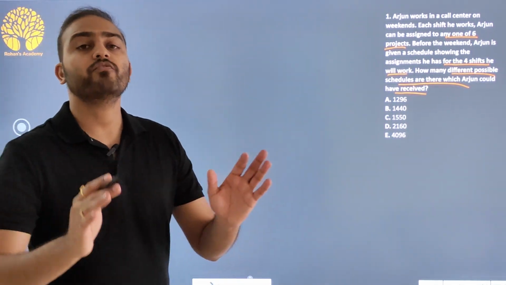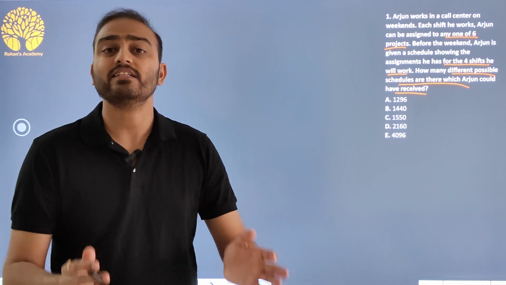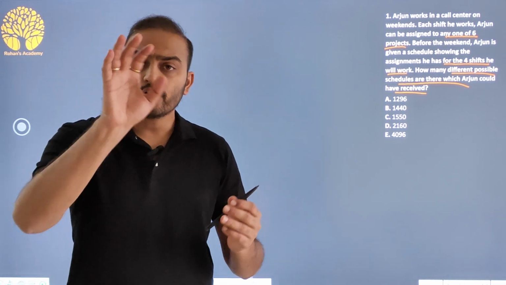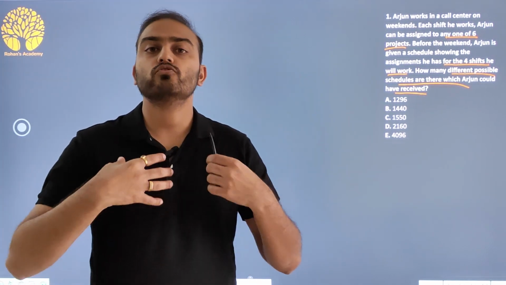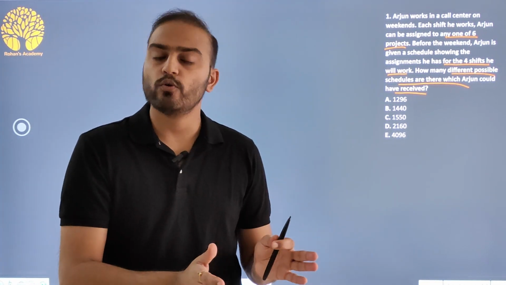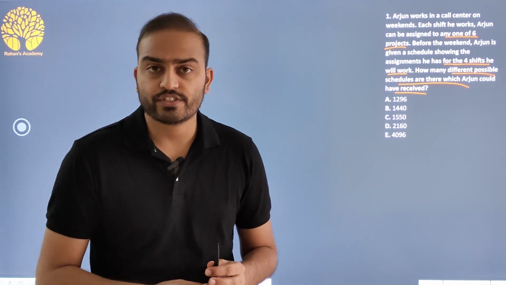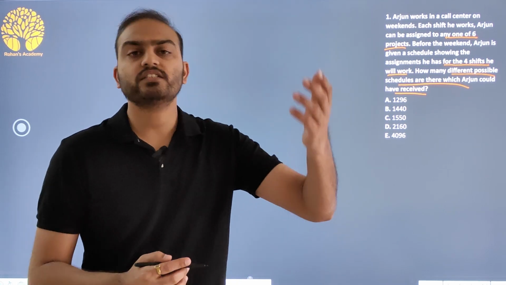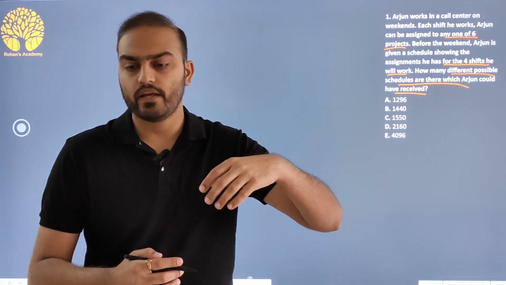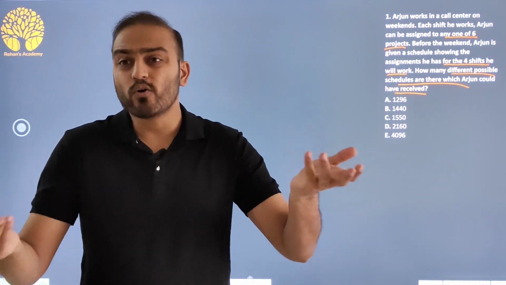Before you directly apply permutation, combination or counting, just think. Say you are Arjun. There are 6 possible projects that you could work on, and next week you are planning to work 4 shifts. Can the shifts repeat? Say the shifts are in different labs: chemistry lab, physics lab, bio lab.